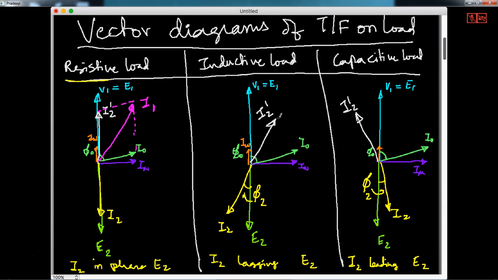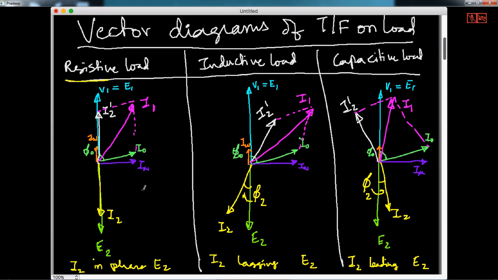Similarly here, the addition of I2 dash and I0 will finally give me I1. You already know how to add two vectors. Similarly again, addition of these two vectors finally gives you I1.